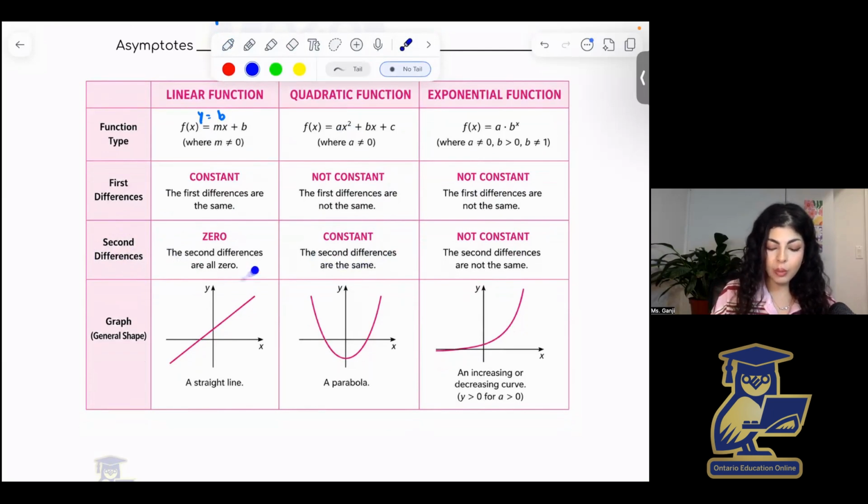And again, as we saw with the linear functions, the second difference will be 0 because if the first difference is constant and you're just subtracting the same thing from itself, they will be 0. And finally, for exponential functions, it is not going to have a constant first or second difference.